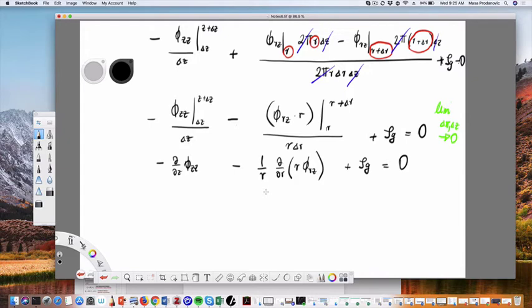The fact that my shell physically changes to a bigger shell as I'm moving out is reflected in this r and 1 over r. If we had a spherical coordinate system, you would get r squared in there, because the sphere is curving in 2 directions as opposed to only 1. Cylinder is curving only in 1 direction. In this direction, it remains straight.